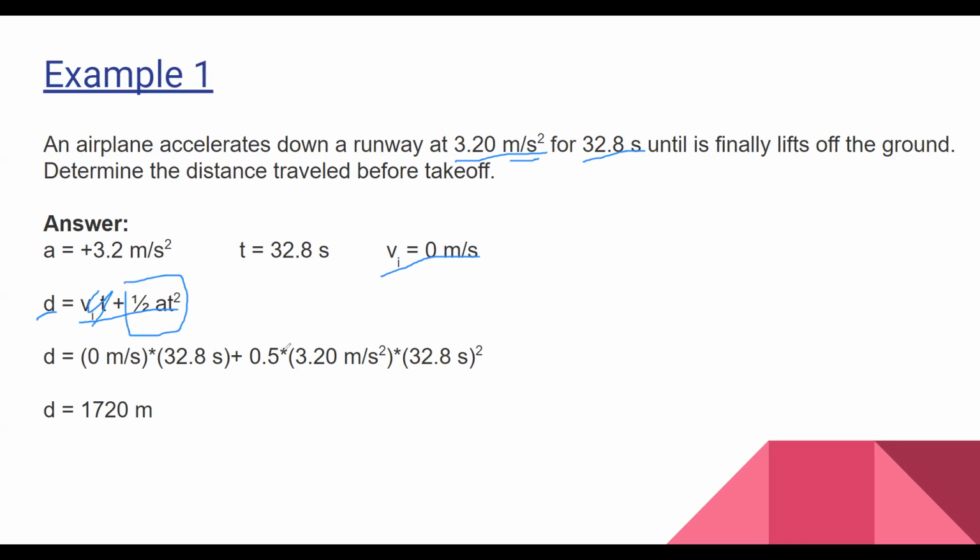Substituting in your values, this is 0.5 times 3.2 meters per second squared times 32.8 seconds, and then you have to square that. Here, your units cancel out. It's important to note that once you finish your problems, your units have to be in check. They have to reasonably trace back to each other. If you throw this in a calculator, you get that the displacement is about 1,720 meters.